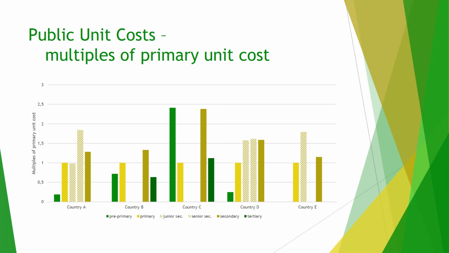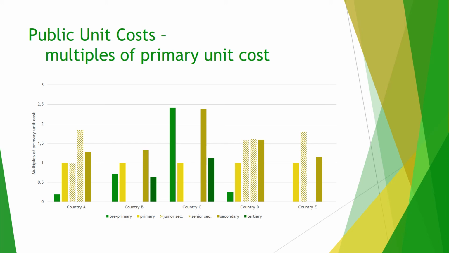So for instance, we can see more easily here that in country A, pre-primary is much less costly. The unit cost for pre-primary is much lower than primary, while in country C it is much higher. In country D it is similarly to country A, much lower than for primary.